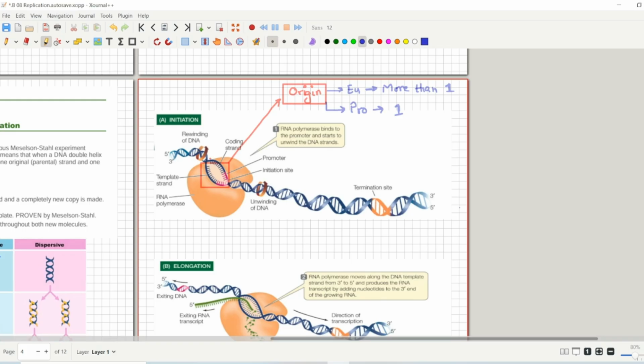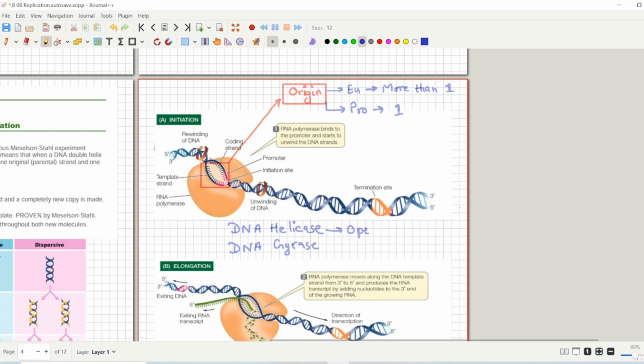You have to know that there are two types of enzyme. The first enzyme is called DNA helicase, and the other enzyme is called DNA gyrase. These are the two enzymes that you have to be really careful about. These are really important. First of all, DNA helicase opens the DNA helix structure.